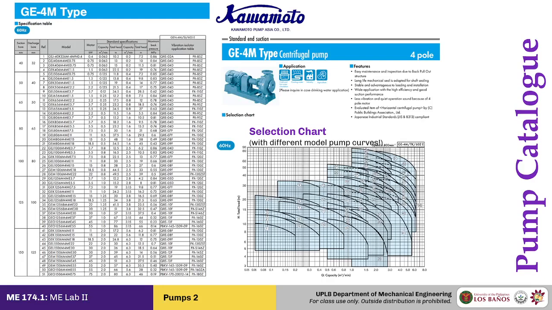Now, the selection chart, as you see here, closely matches the pump performance curve, but this time there's a whole lot of them. Each of these curves is the pump curve for a particular model. If you want to find out which one, just look at the identifying number and then look for it in the reference column of the specification table.